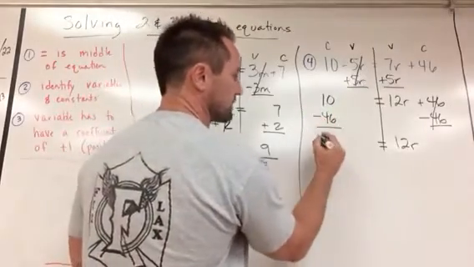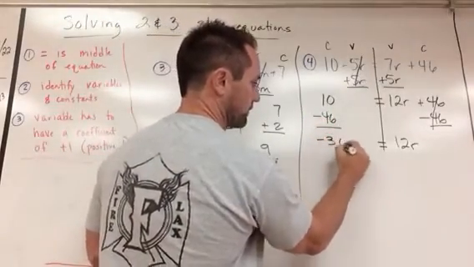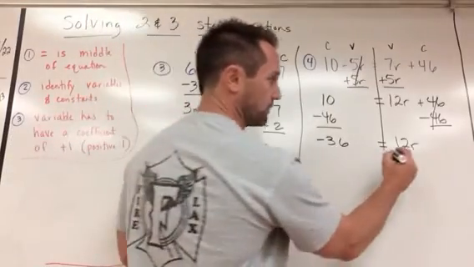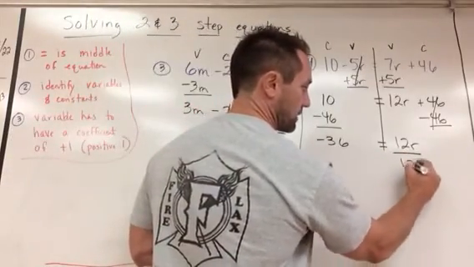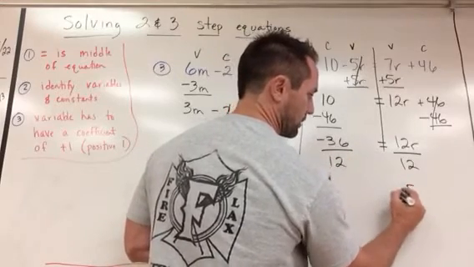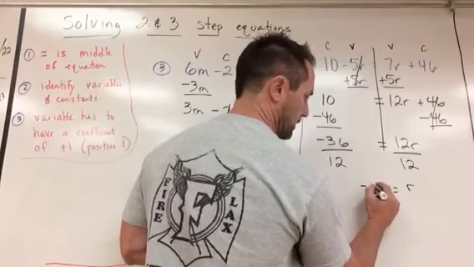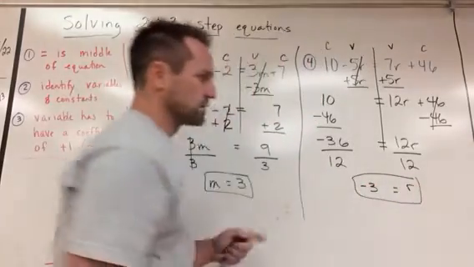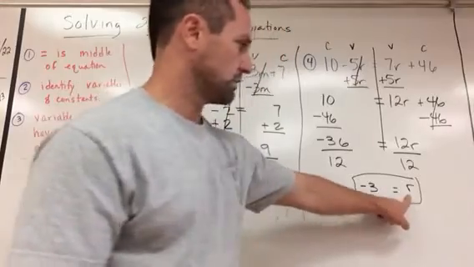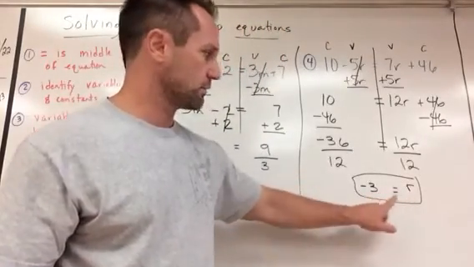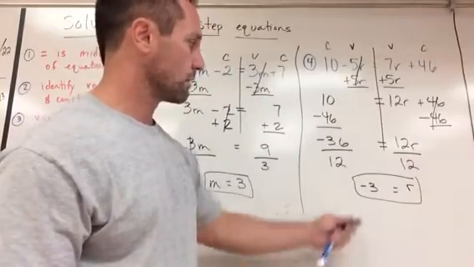So 10 minus 46 would be a negative 36. Okay? And then the last step that we're going to do, we're going to divide by the coefficient, and you're going to get r is equal to a negative 3. Is our variable positive? Does it have a coefficient of positive 1? Absolutely it does, so we are done.